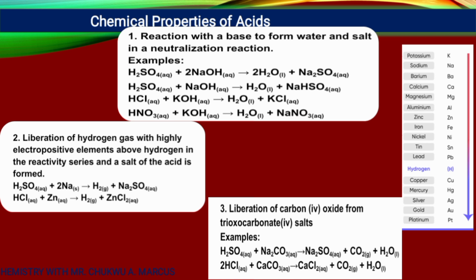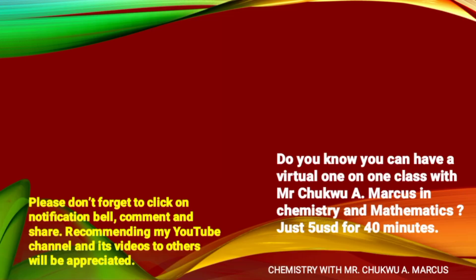Listen, these three properties are well known by every chemist. So you as a student should put these three things in your head and be able to represent them using equations. If it is me asking you a question in exam, it is a sure thing that I will ask you to make use of equations to demonstrate your answer. So you should study this and study it properly.